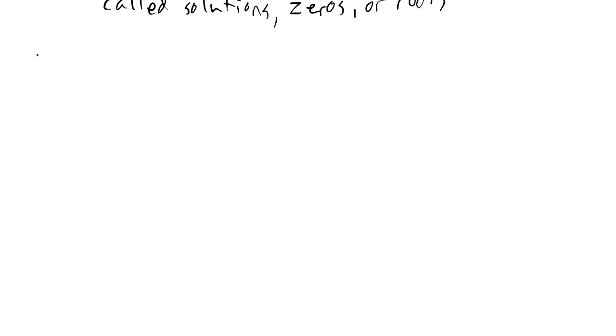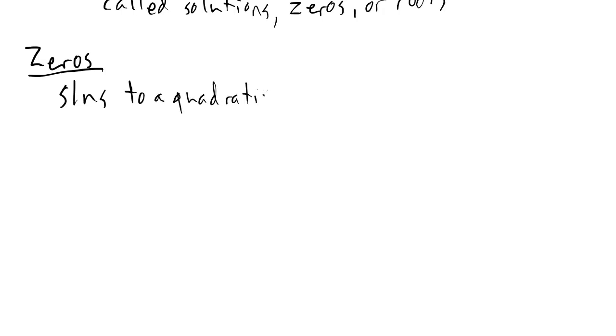That has to do with when we're dealing with graphing. The solutions to a quadratic are the x-intercepts, or where it crosses the x-axis.